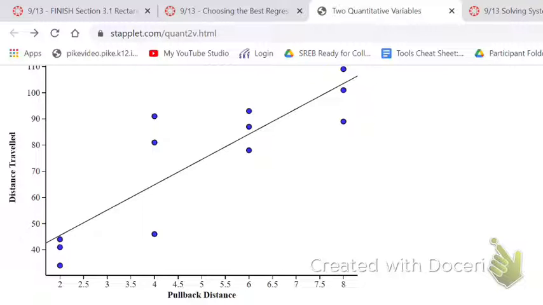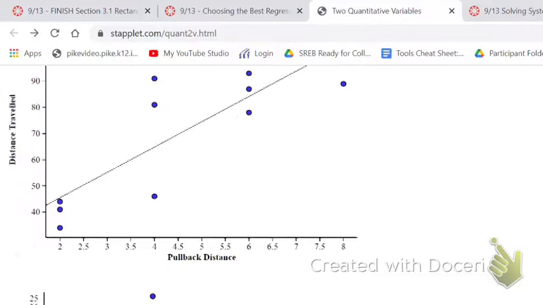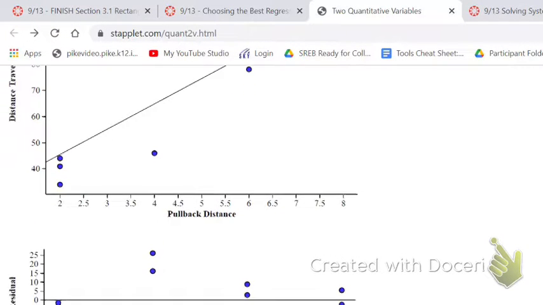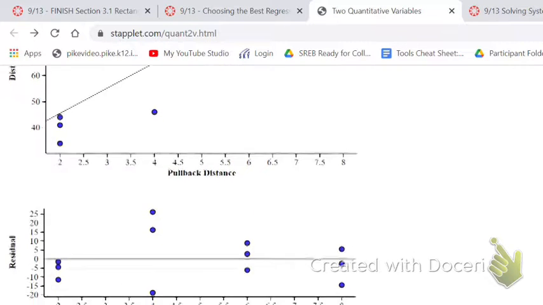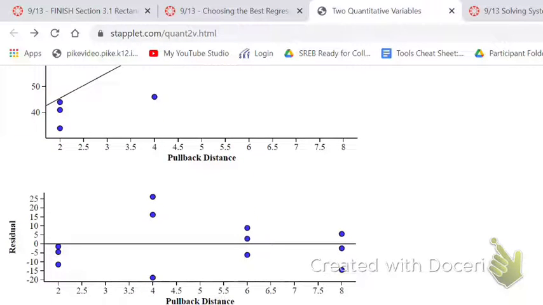So we have our scatter plot, we have our residual plot. I'm going to scoot this up just a little bit so that residual plot can show up a little bit better. We just want this residual plot. I don't care about the dot plot on the bottom. We want this residual plot right here.